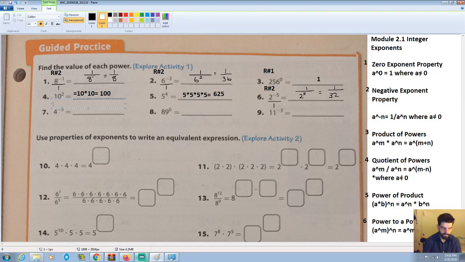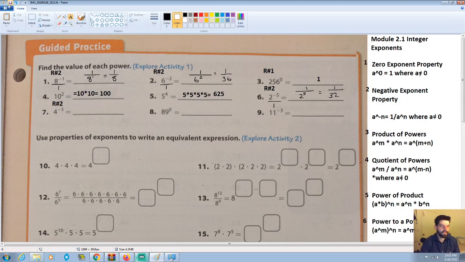So number 7 here is going to also follow rule number 2, and I just want to make sure this is clear. When we have this, all of the numerator is going to go into the denominator, because as of right now it's the only term representing the numerator.